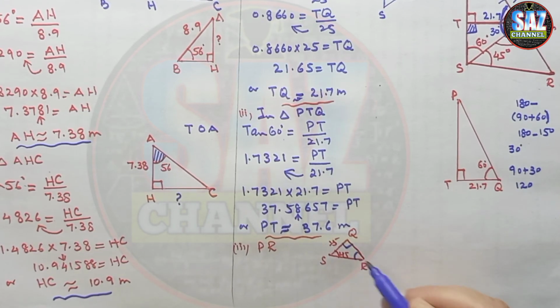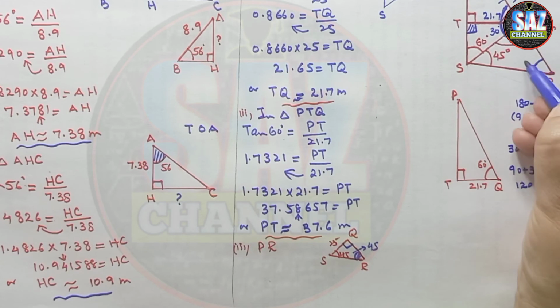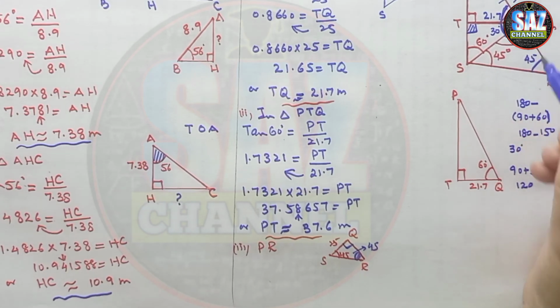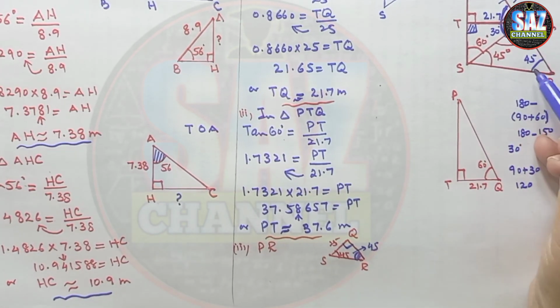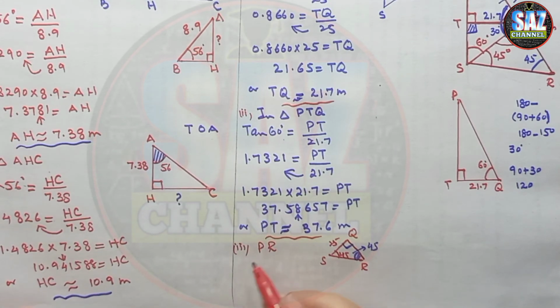Let me first find the third angle, that is 90 minus 45, that will be 45. This angle is also 45 degrees. It means that in this triangle, these two angles are of measure 45. And if these two angles are of measure 45, then recall what type of triangle this is. This is an isosceles triangle. So QR length will be equal to 25 centimeters.